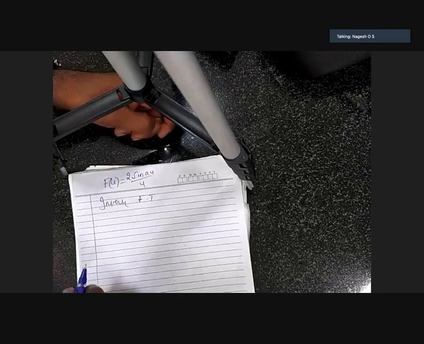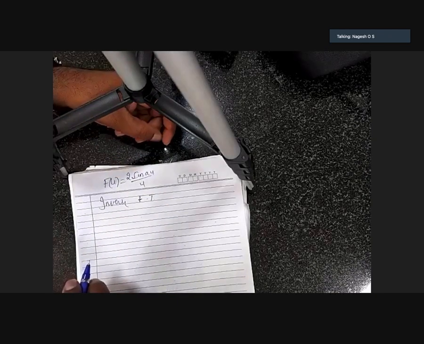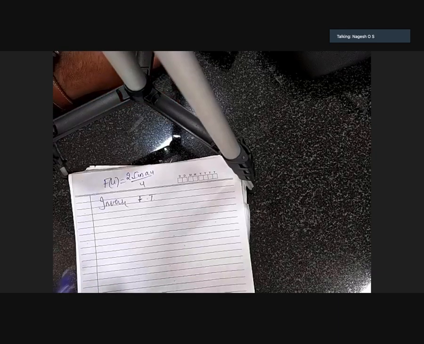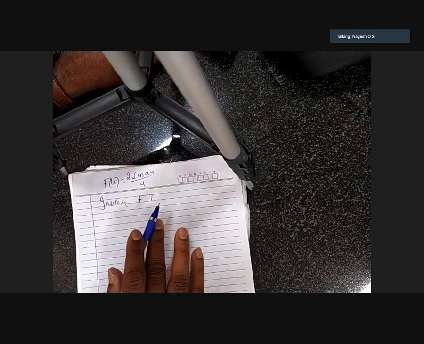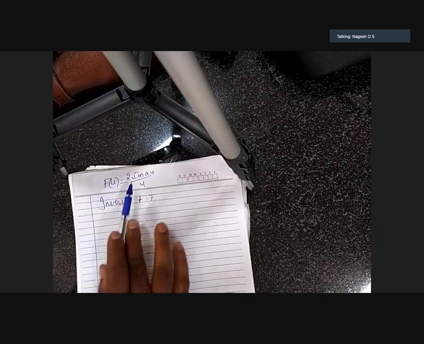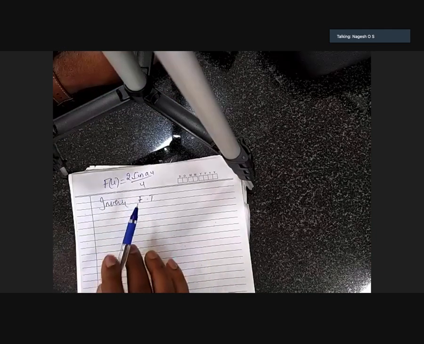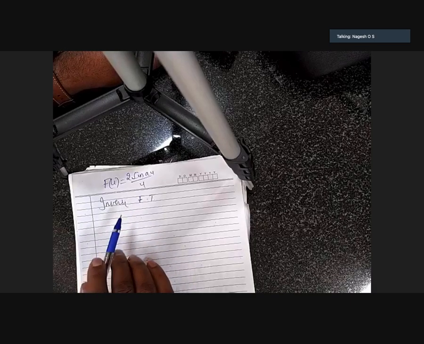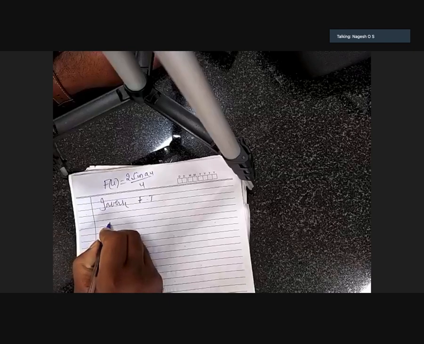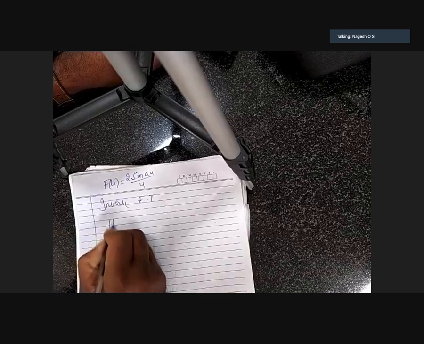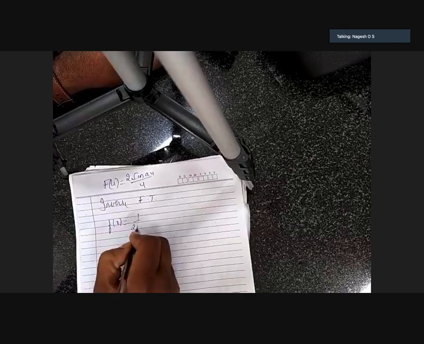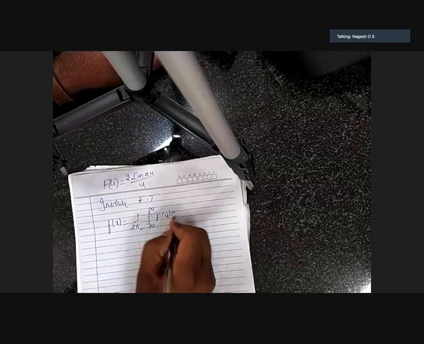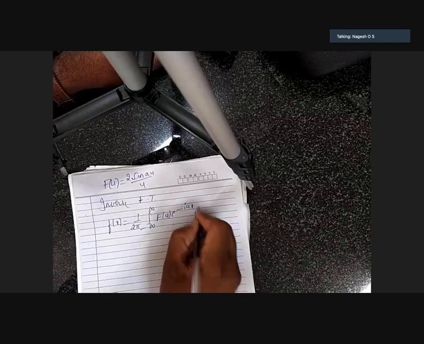Why do we have to take the inverse Fourier transform definition? Because they asked to deduce. If they haven't asked the deduction part, then this much is enough; if they ask just to find the Fourier transform, this much is enough. First, they asked to find the inverse Fourier transform. For that, f of x equals 1 by 2 pi, integral from minus infinity to infinity of f of u e power minus iux du.